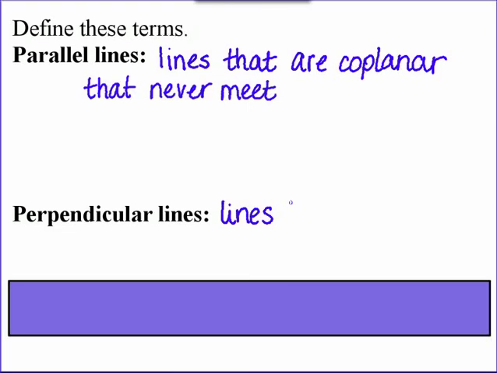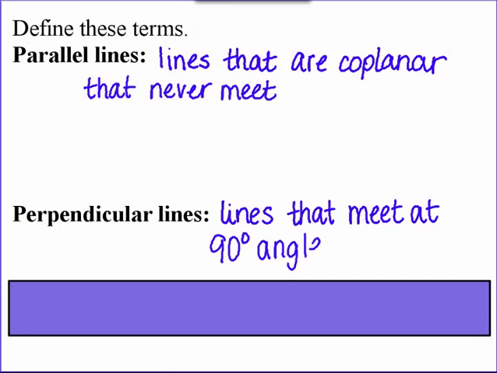Isn't that perpendicular? Yeah. So do they have to be in the same plane? No. So they're just lines that meet at 90-degree angles. Those of you that really like to argue your point and debate should do really well at some of this stuff.